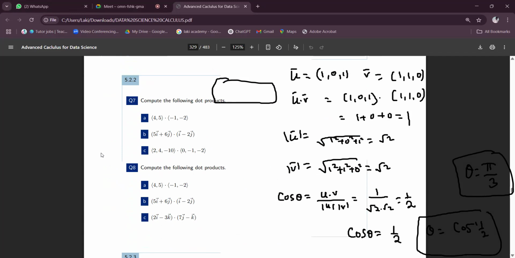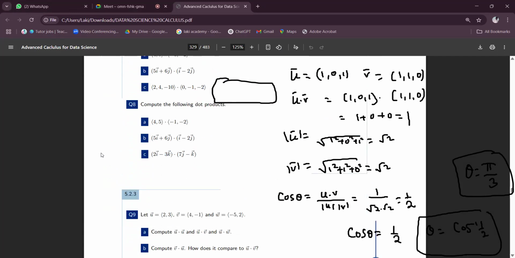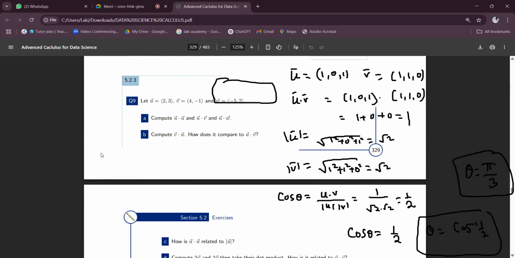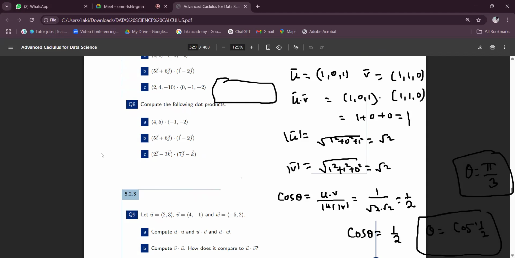Can you tell the value of part C? We are talking about the multiplication of 2i. We have the x component and the z component, then the y component and z, so we need to convert them.